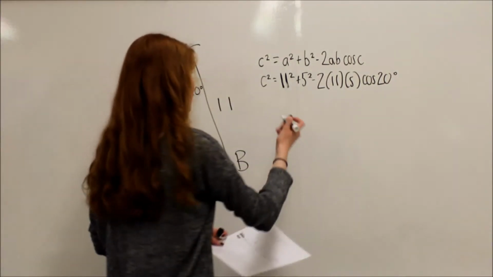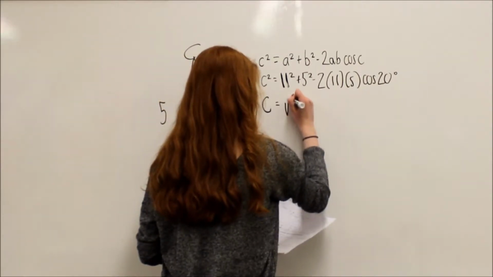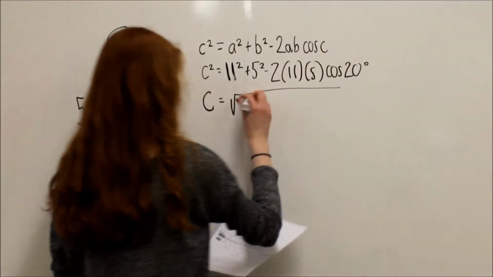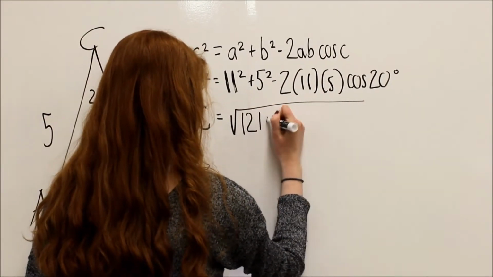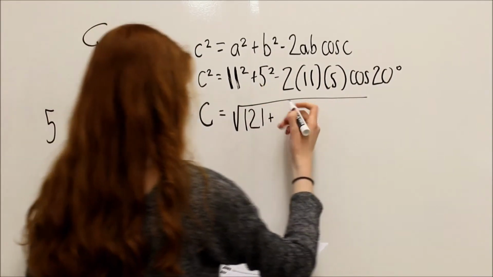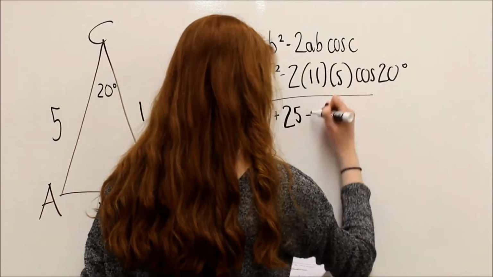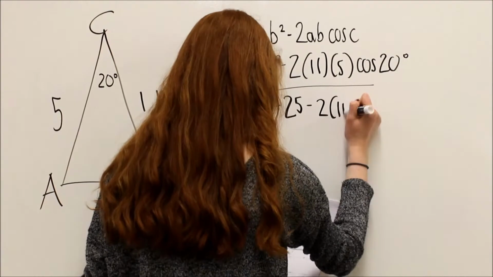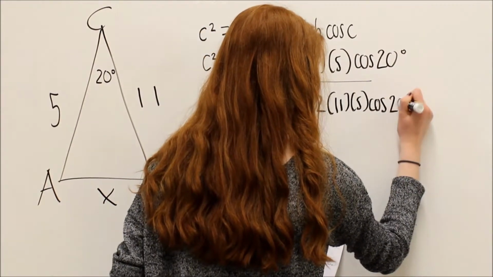Then you're going to solve. So you're going to do c equals the square root of 121, since that's 11 squared, plus 25, since that's 5 squared, minus just this, 2 times 11 times 5 times the cosine of 20 degrees.